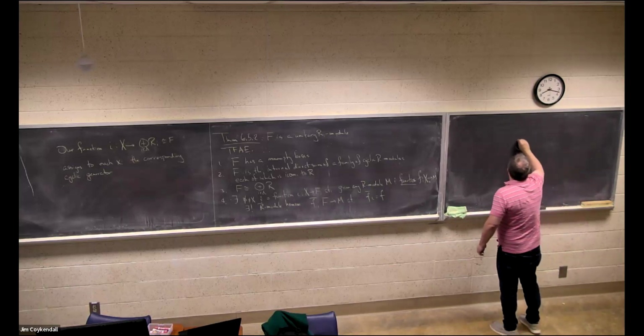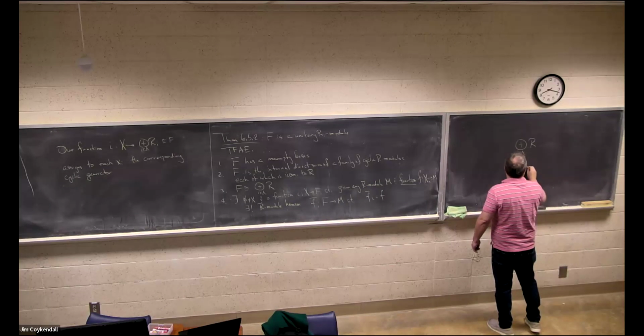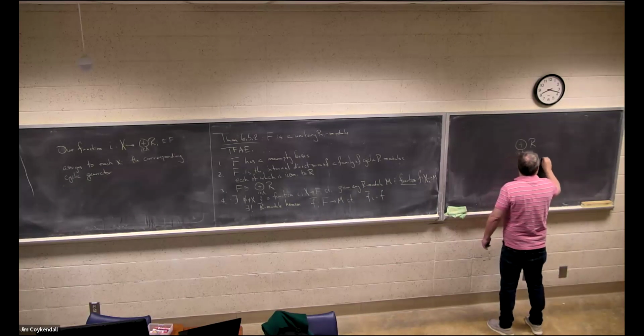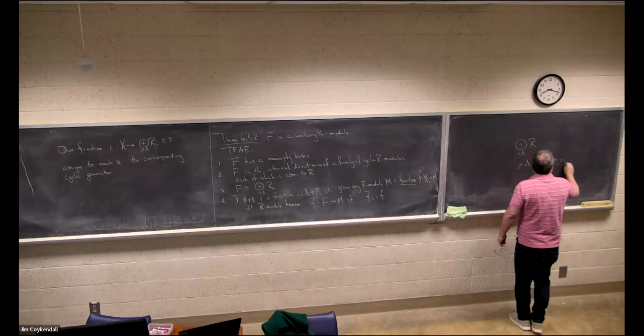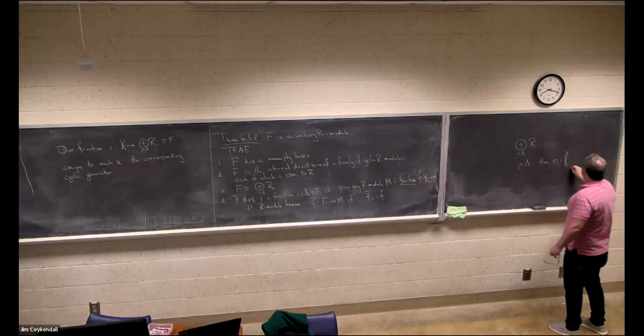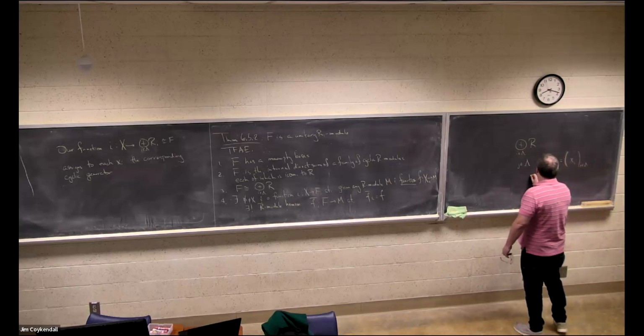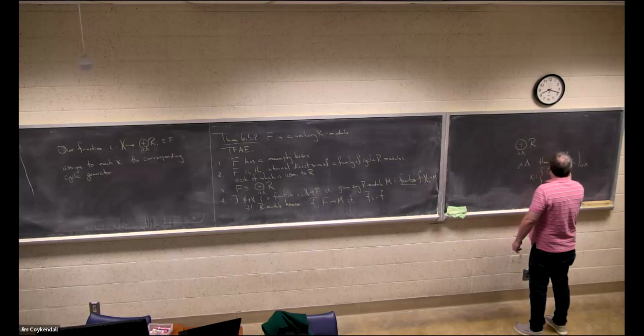If I have the direct sum of R over some index set, and let's say that j is in this index set, then ej is an element of this direct sum, namely xi, where xi is equal to 0 if i is not equal to j, and 1 if i equals j.